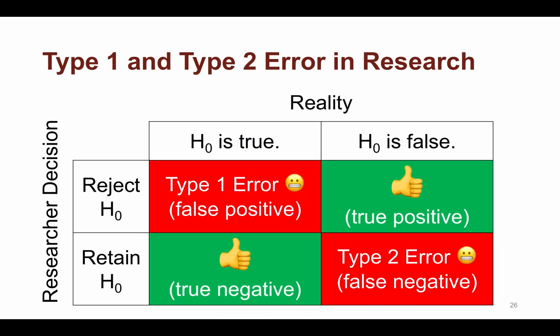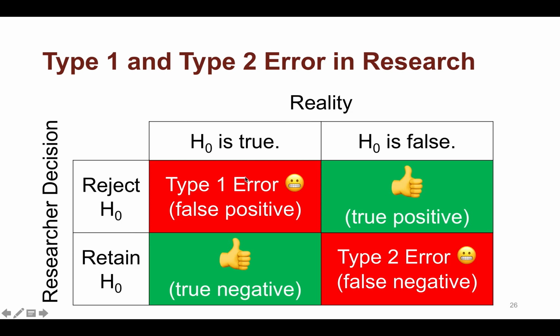So just to summarize this idea, if in reality the null hypothesis is true, but you reject it, then that is a type 1 error known as a false positive. Basically, you're saying that there is a significant relationship or a significant difference, or like your drug significantly works, but it actually doesn't.